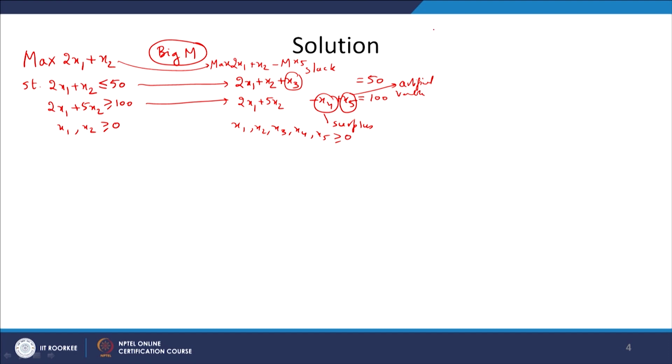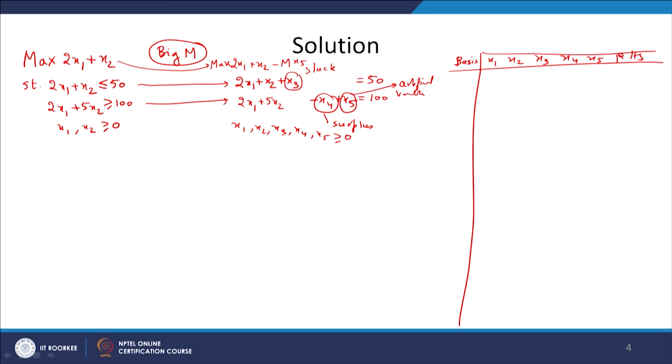So, we will write the basis of the initial table: x1, x2, x3, x4, x5 and right hand side. The coefficients of the objective function are 2, 1, 0, 0 and -M.